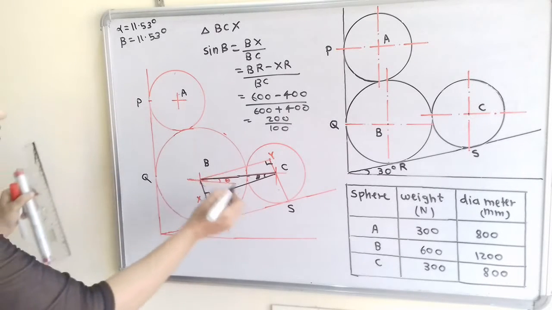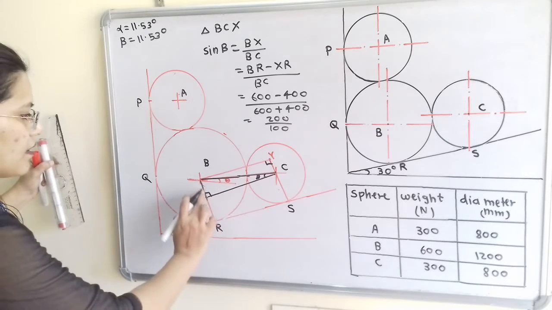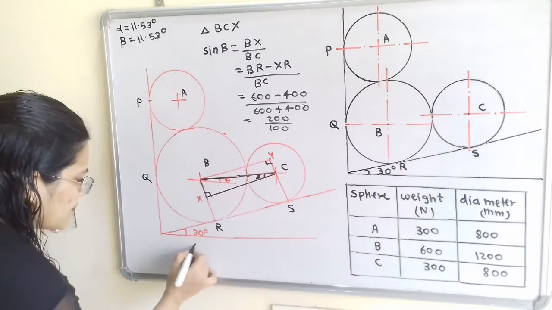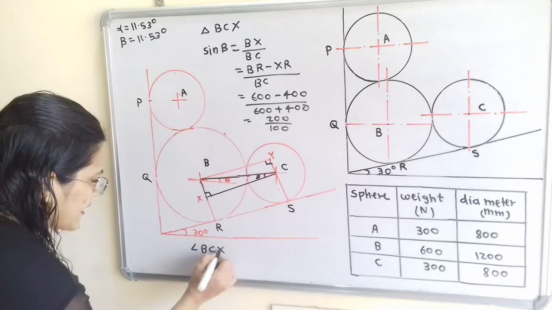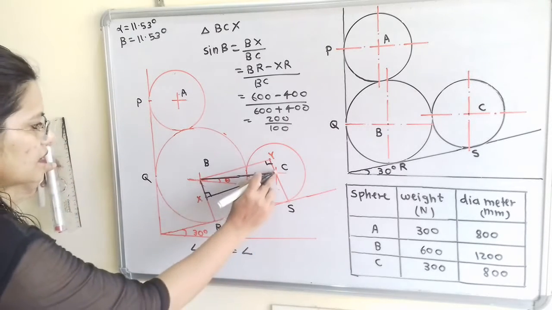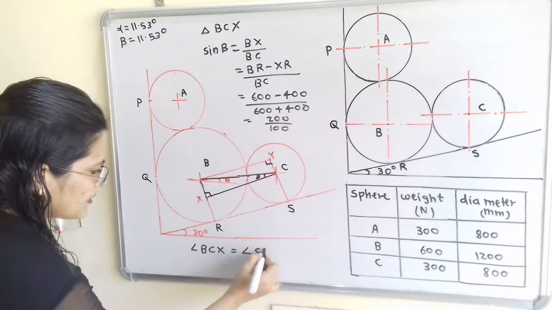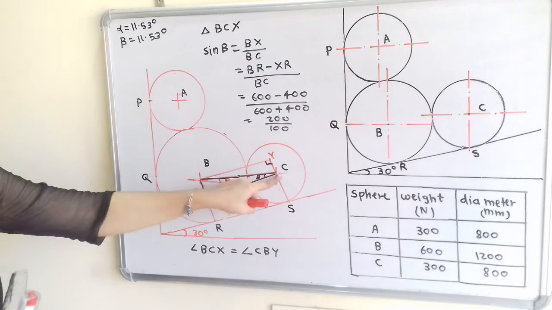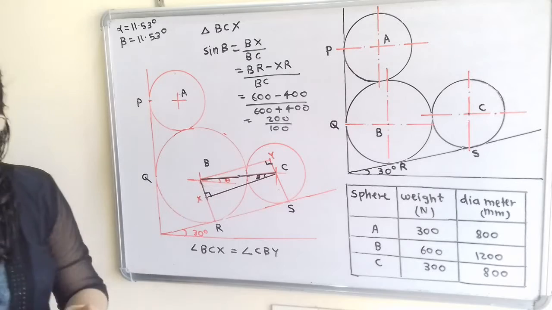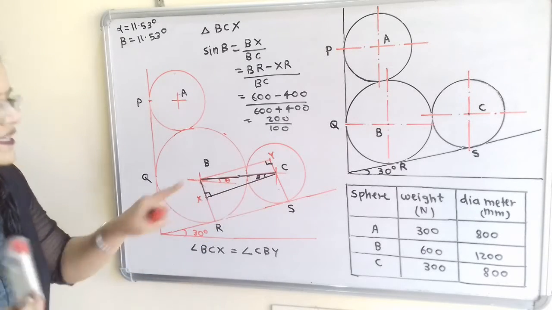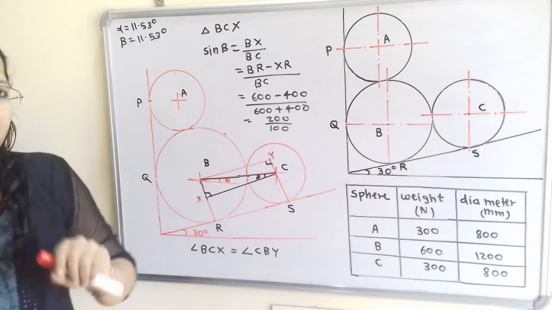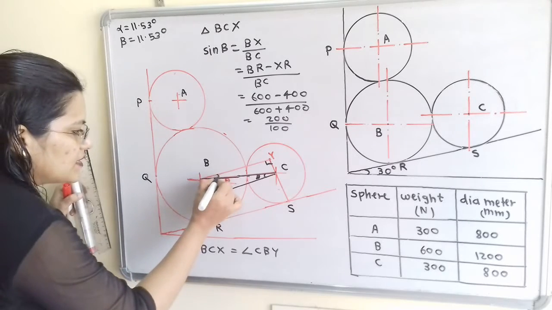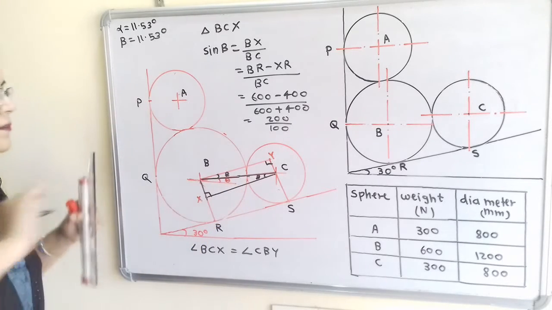So we can write here this angle BCX, angle BCX is equal to angle CBY, because these two lines CX and BY are parallel lines, and CB is the common inclined line. So these are the opposite angles. So here is also angle beta.